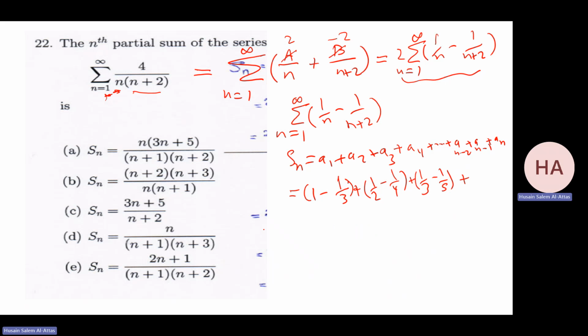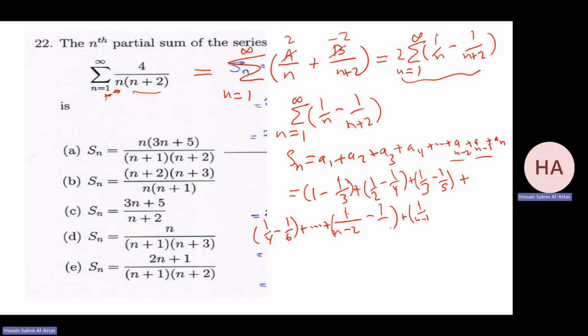Better. Let's start from here. Plus what? At 4, 1 over 4 minus 1 over 6. Yeah, but I put 3 terms here so that we can see it easily. That will be 1 over n minus 2, minus 1 over n, okay, plus at n minus 1, that will be 1 over n minus 1.